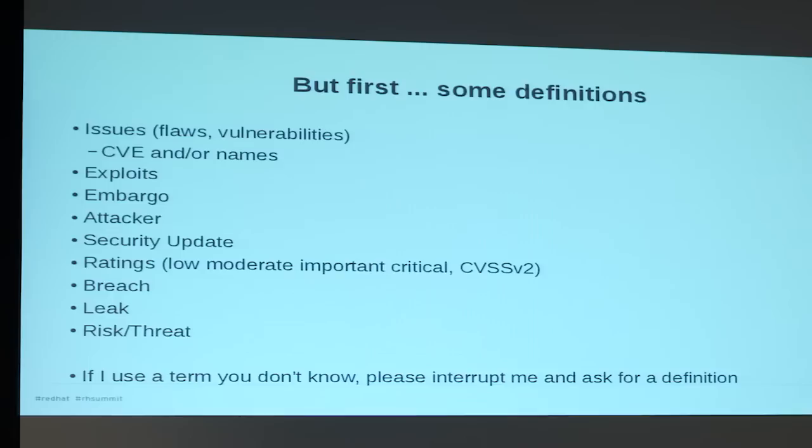An embargo is a secret security bug. We talk a lot about embargoes lifting and public dates. What we mean is that sometimes a researcher, possibly Red Hat or someone else, finds a security issue, and we decide it's bad enough that we will tell other vendors and open source projects.